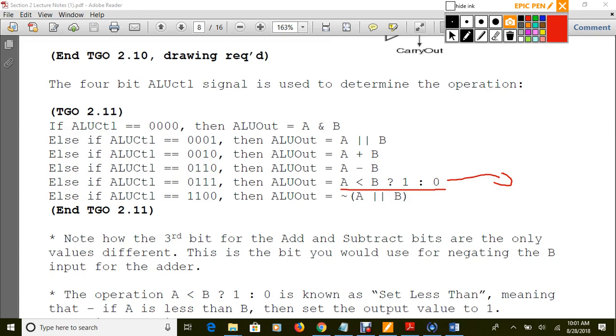But if i is less than or equal to j, we can actually use the previous result to do both of the comparisons at the same time, right? And then last but certainly not least, and I've limited it just to these values to teach the concept, here in this case, 1, 1, 0, 0 is equal to not A or B.